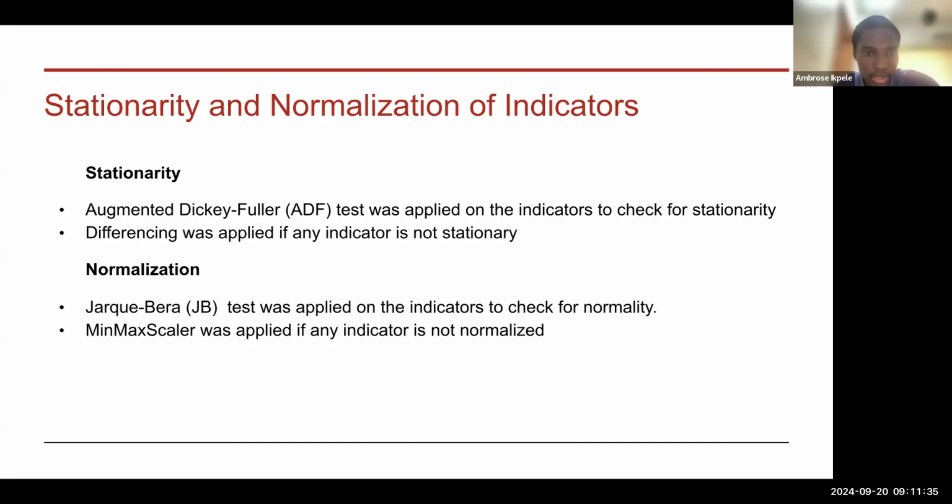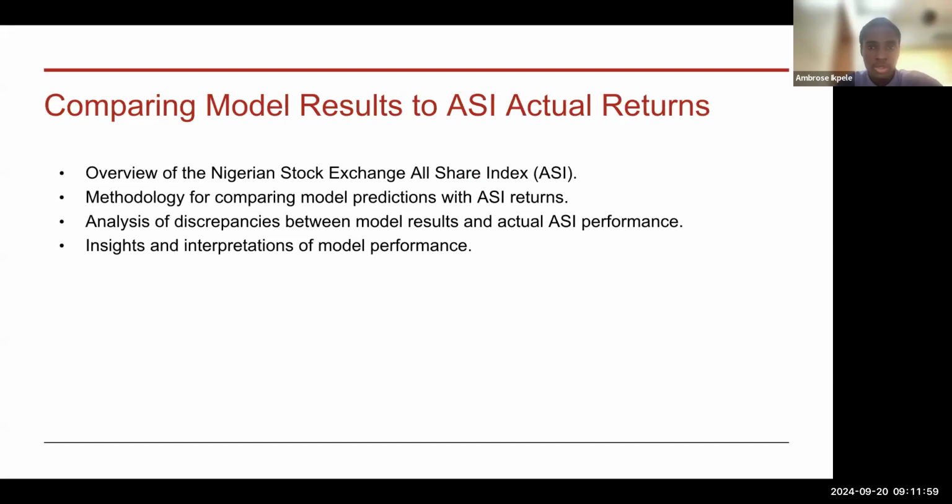We applied the augmented Dickey-Fuller test to check for stationarity at first, and if it wasn't stationary, we applied successive differencing. The next part was normalization. We used the Jarque-Bera test to test for normality, and we used the Min-Max scaler to normalize our data.